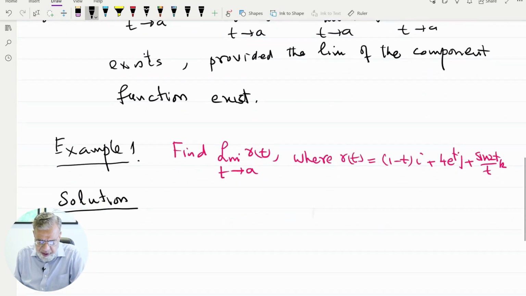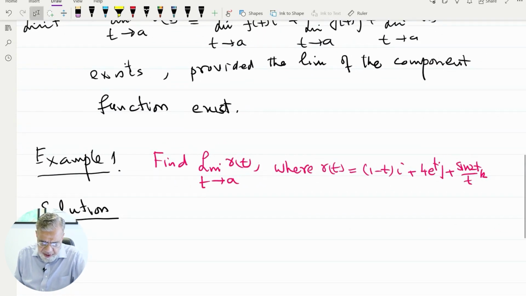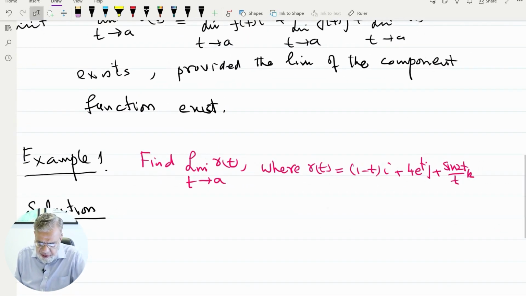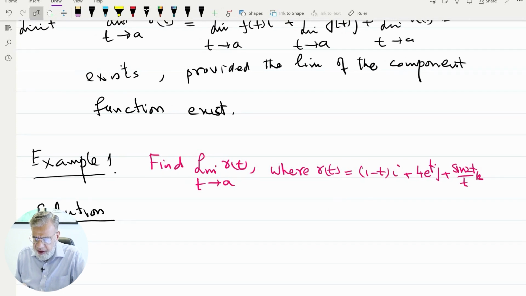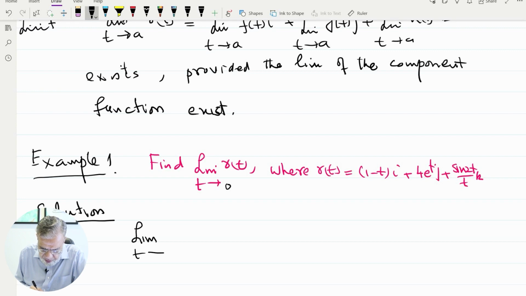I want to find the limit of this function r of t, where r of t is (1 minus t)i plus 4 e to power t j plus sine 2t k. I want to find the limit when t tends to 0, not t tends to a. So we can write the limit as t tends to 0 of r of t as defined above.